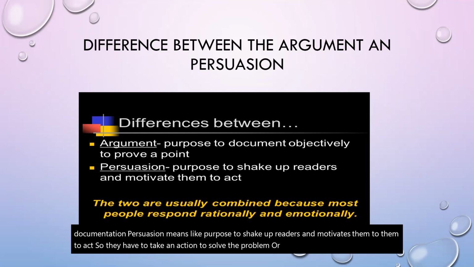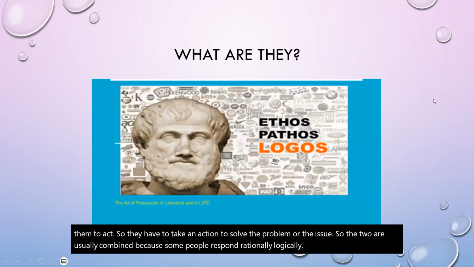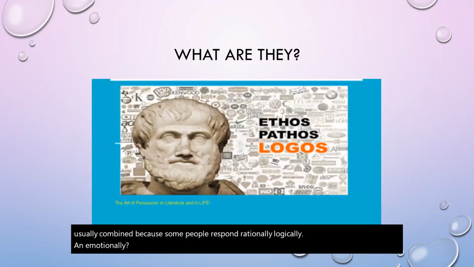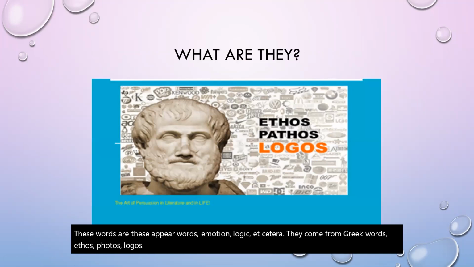So the two are usually combined because some people respond rationally, logically, and emotionally. These appeal words, emotion, logic, etc., they come from Greek words ethos, pathos, logos. Let's look at these one by one.